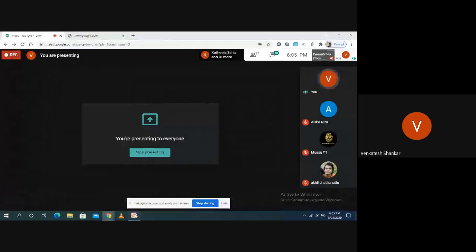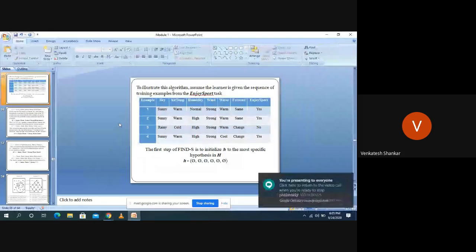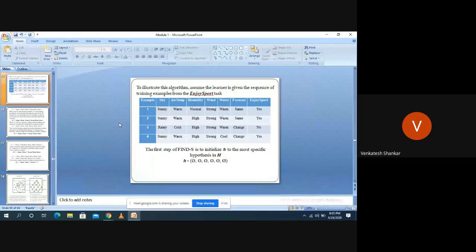Now we are studying which algorithm? The FindS algorithm. There are two algorithms in concept learning. The first algorithm is the FindS algorithm. Second algorithm is the candidate elimination algorithm.